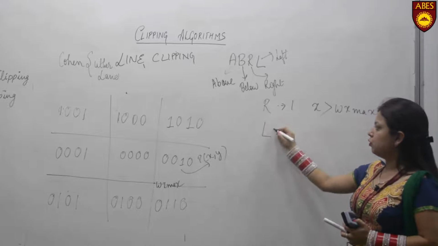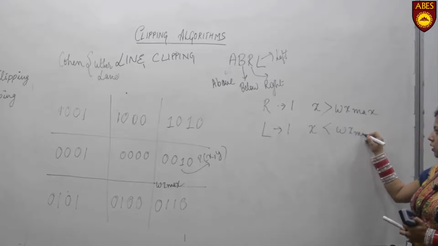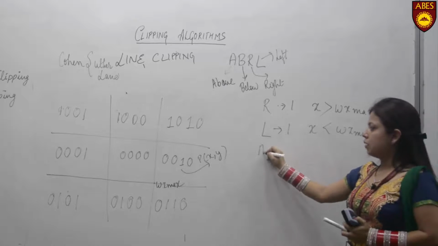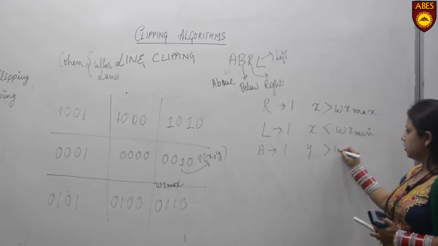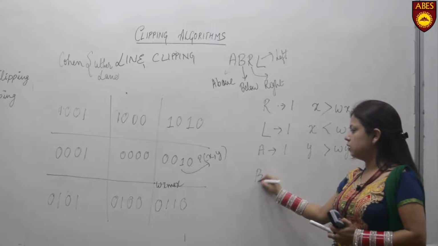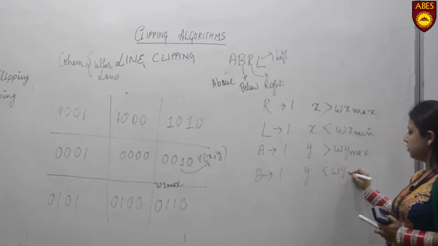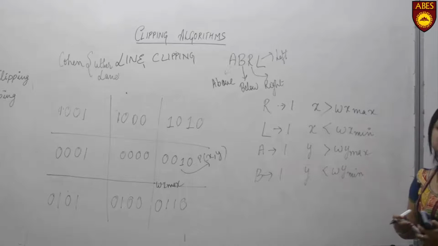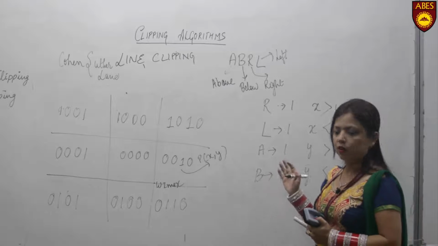Similarly, the left bit would be set to 1 if x is less than wx min. The above bit will be set to 1 when the point is above the window, that is, y is greater than wy max, and similarly the below bit will be set to 1 if y is less than wy min. So we'll use this basic coding scheme, and then we'll start with the Cohen-Sutherland algorithm.